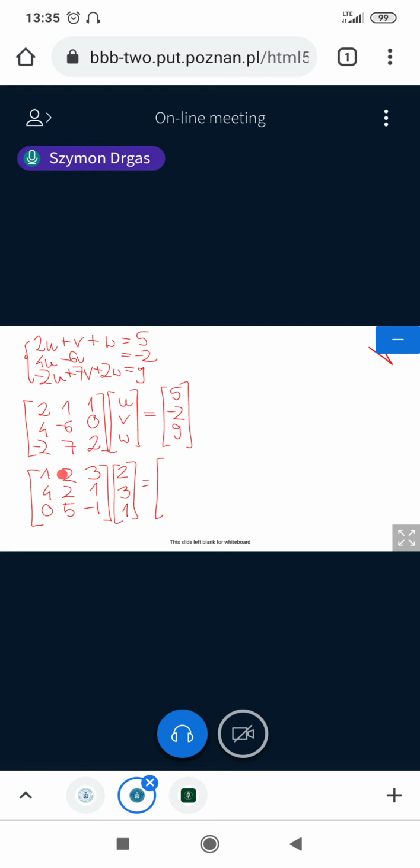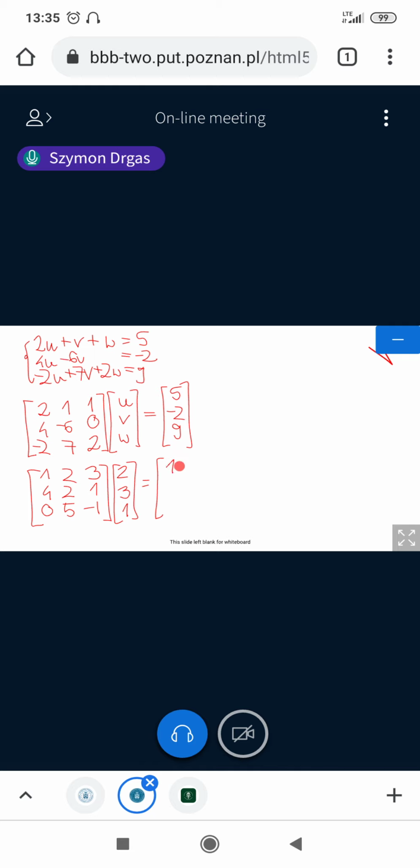After multiplication of a matrix by a vector, the result is a vector, and as I said earlier, the first component of the resulting vector is the first row times the vector.